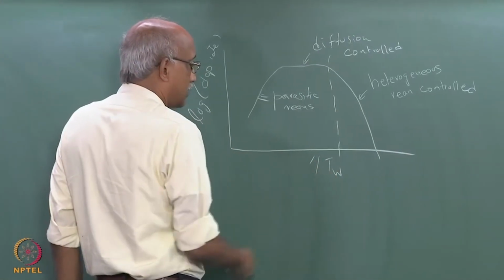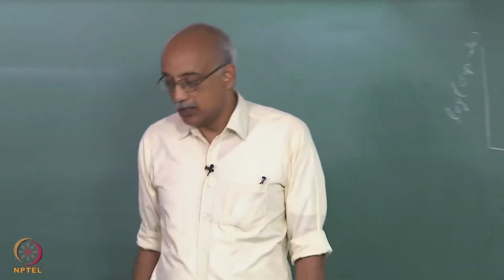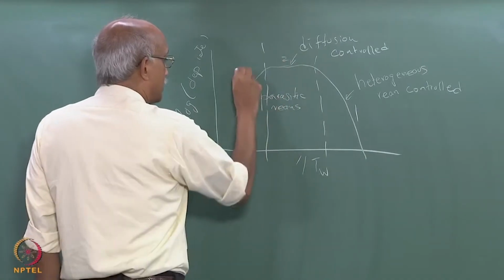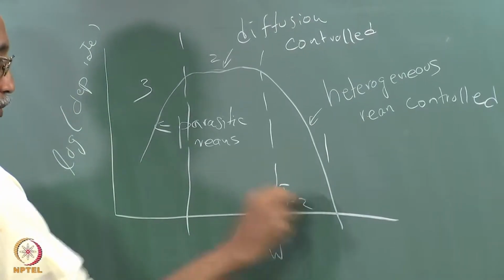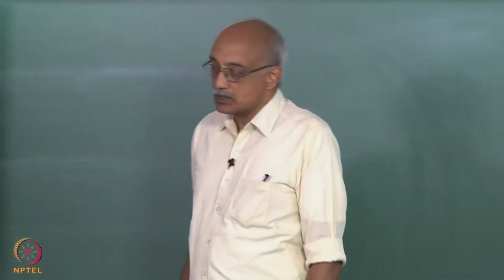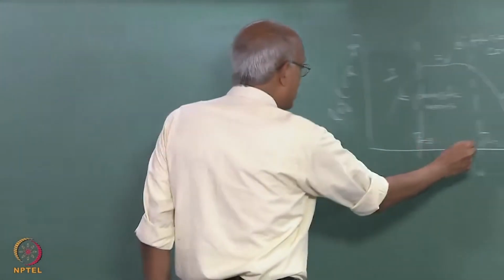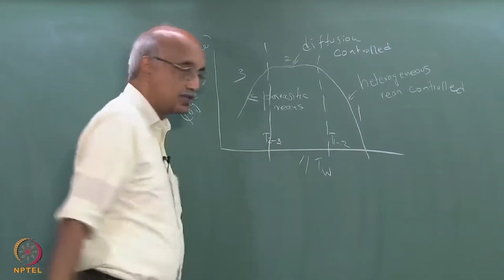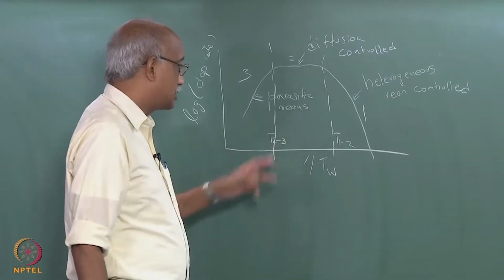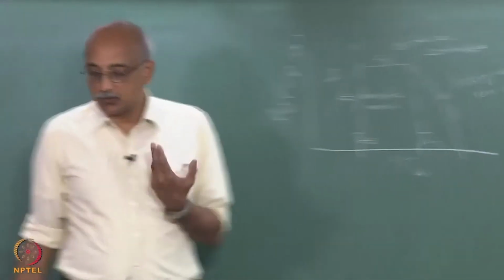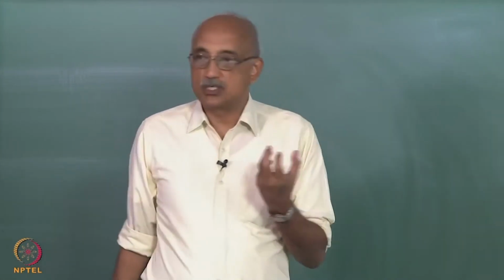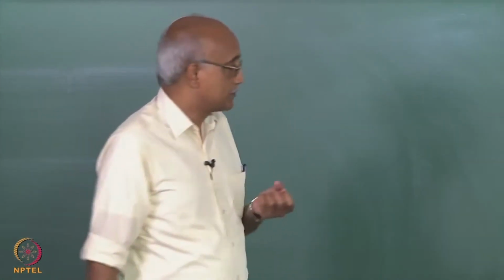The temperature at which you get a transition, if you call this region 1, if you call this region 2 and you call this region 3, this T1 to 2 and T2 to 3 temperatures are very interesting, because this temperature represents the transition from a regime that is heterogeneous reaction controlled to diffusion controlled, whereas this temperature T23 represents the transition from a diffusion controlled regime to one that is controlled primarily by the homogeneous reactions in the gas phase.